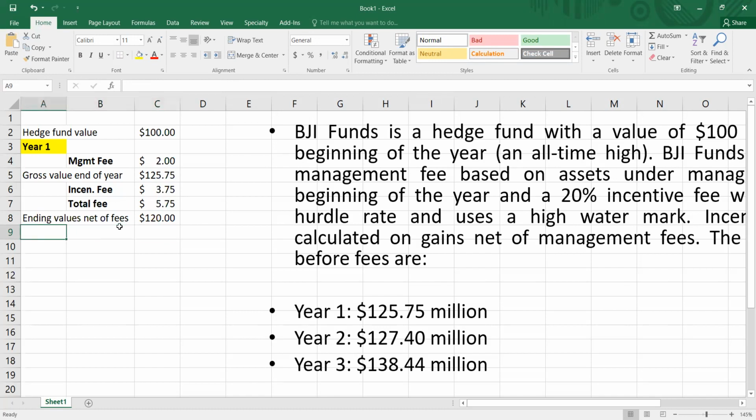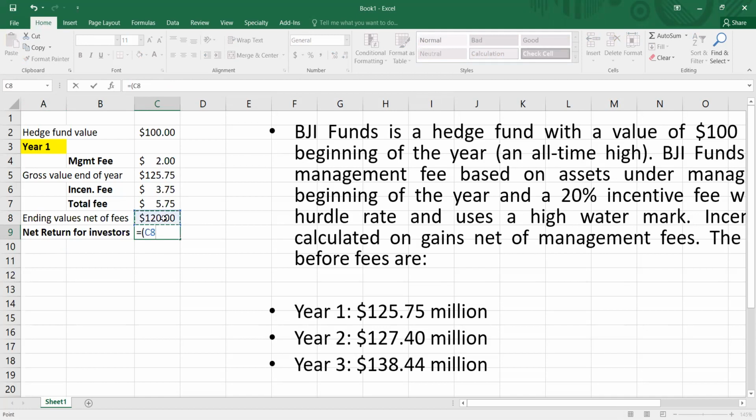Now we can estimate net return for investors. This we can estimate. It is basically the percentage we need to calculate from the money that we earned and from the money it was at the beginning.